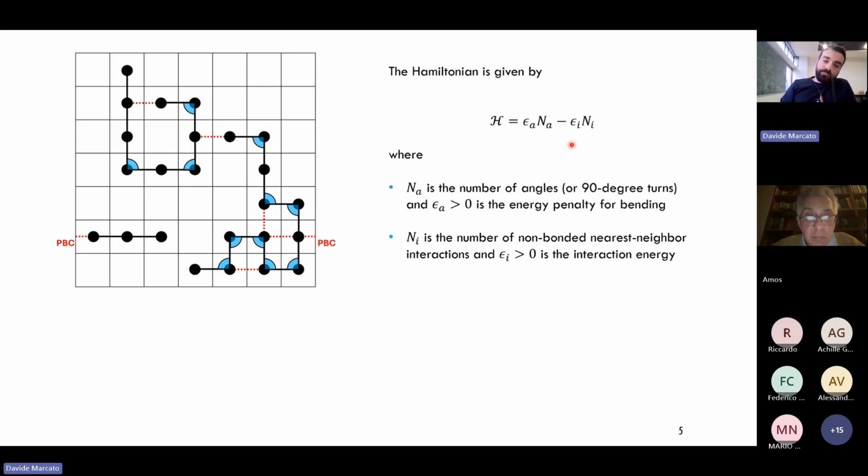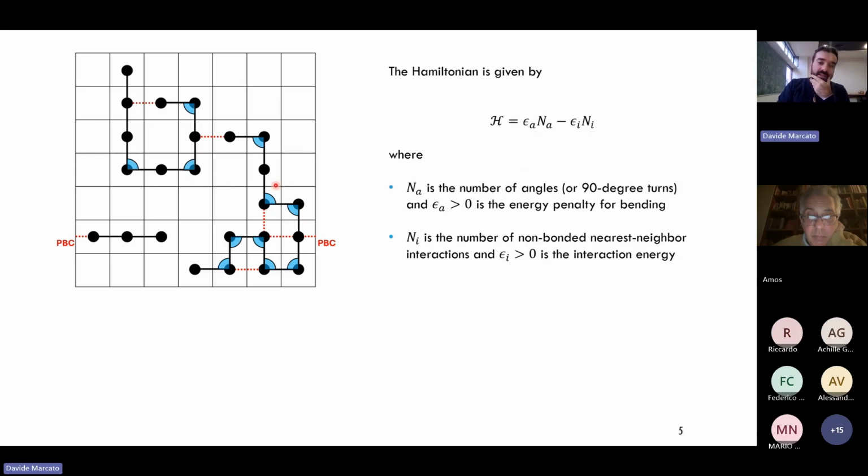So the first term is this one, epsilon A NA, and NA is the number of angles or 90-degree turns. They are highlighted in blue in the figure, like this one or this one. So it's when a chain makes a turn. Epsilon A is an energy penalty for making such a turn.